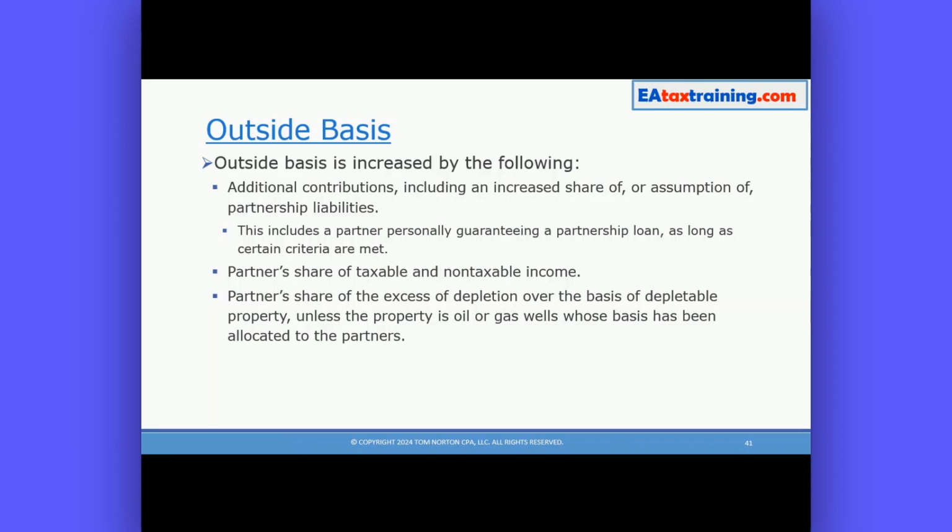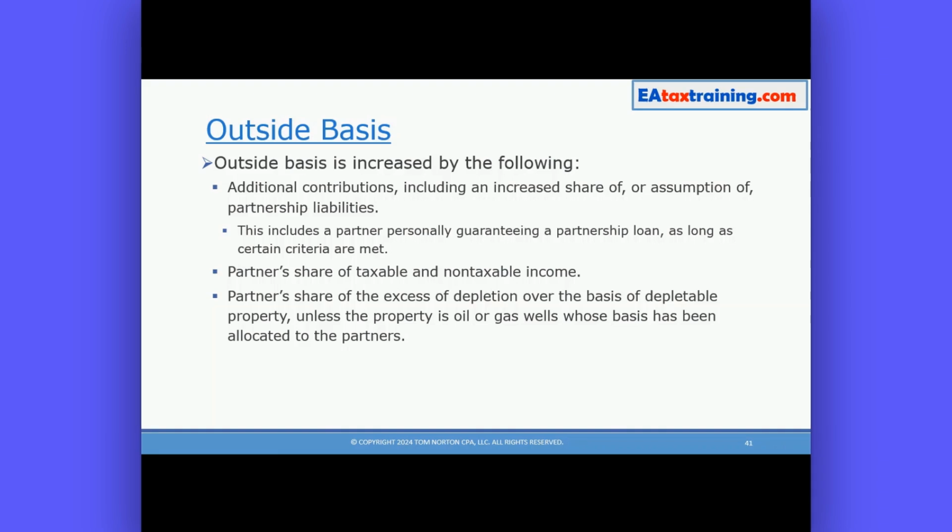Their basis is also increased for their share of taxable and non-taxable income. So basis goes up with the taxable income of the partnership. It also goes up for non-taxable income of the partnership. And basis is increased for the partner's share of excess depletion over the basis of depletable property, unless the property is oil or gas wells whose basis has been allocated to the partners.